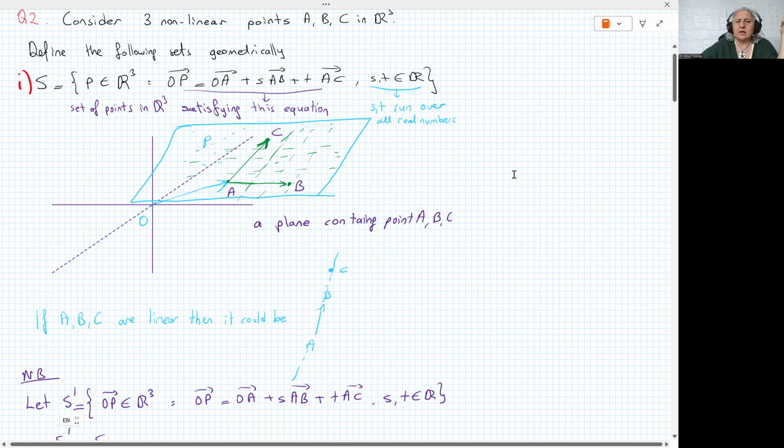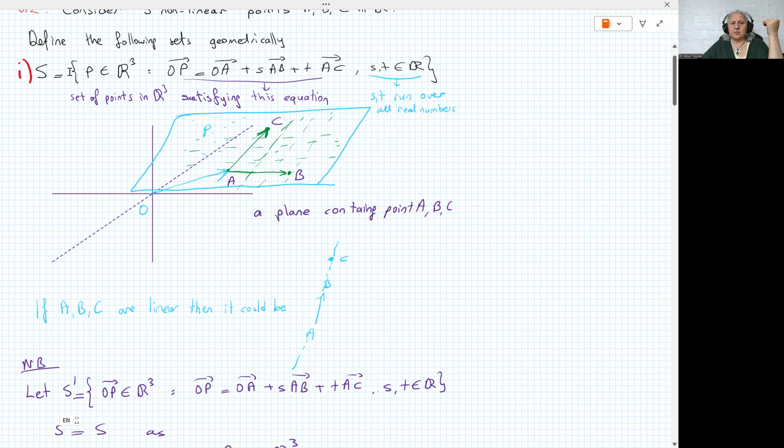Okay, and there is no difference between this set and this set here. This set says basically not the points P, but the OP vectors. So the point P here is just a general point on the plane, because we would like to define this equation. This equation is a point, and then you have two directional vectors. By multiplying by the coefficient S, you are basically taking this vector AB and stretching or squeezing it anywhere you like.